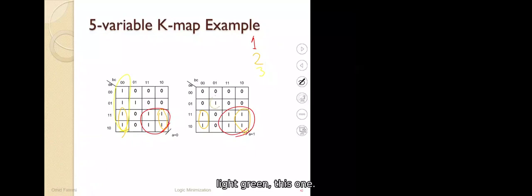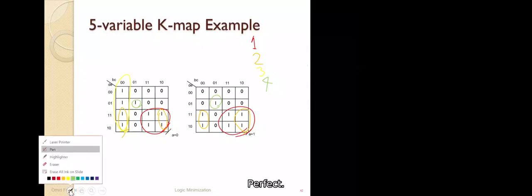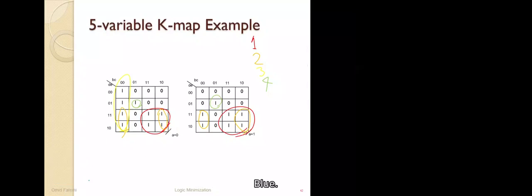So this one and this one, they are grouped together. So number 4 is these 2. What else do we have? So these are grouped together. I don't see anything. Do you see? Which one? Oh, perfect. Yeah, so this is another one. Perfect. Blue. So this is another implicant, number 5.